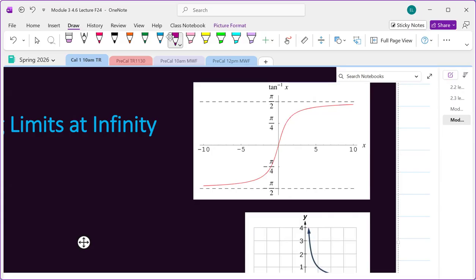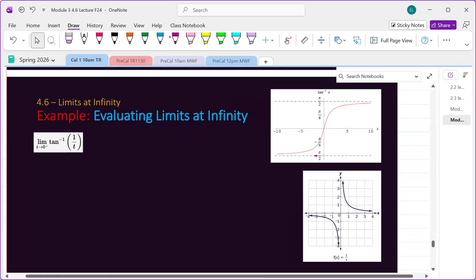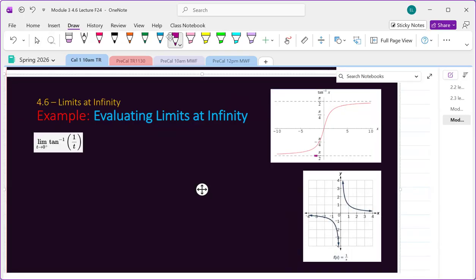So we're going to see that, though that typesetting is god awful. That is a negative. Now, this particular limit here is a little more interesting. It's asking the limit as t approaches 0 from the positive side.